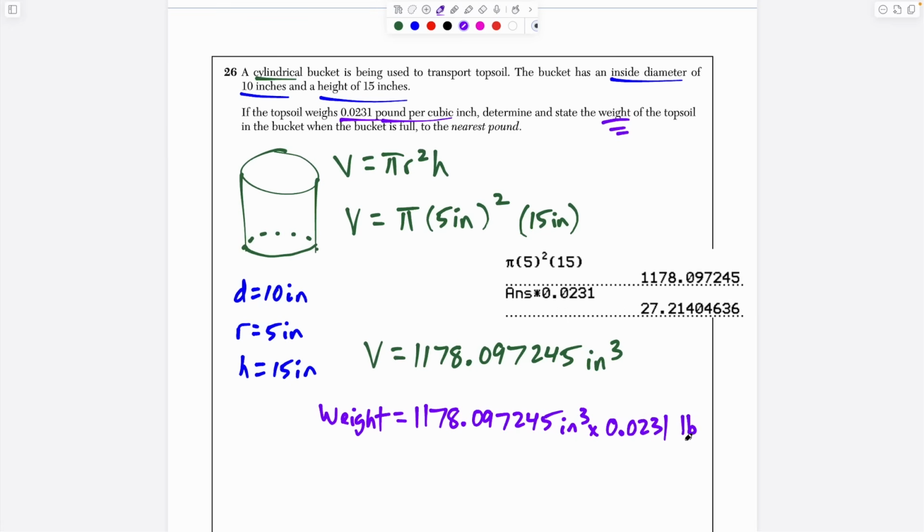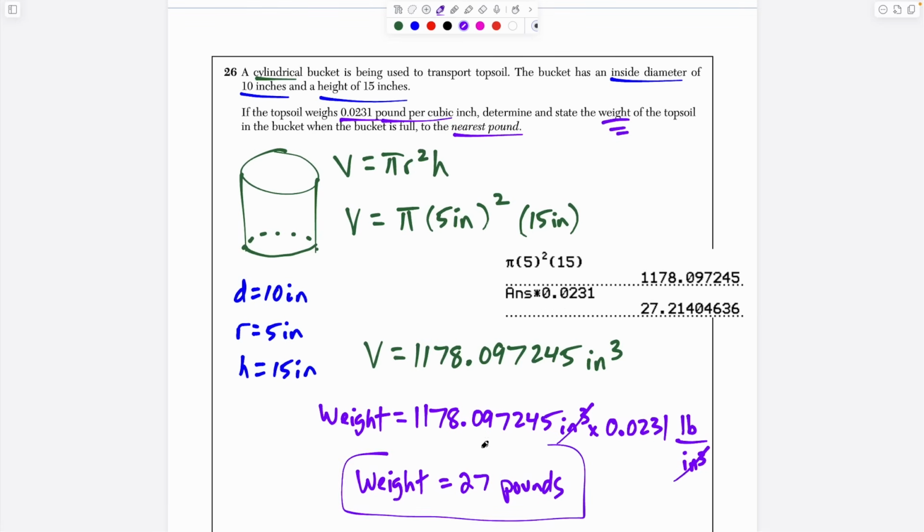Okay, so pounds per cubic inch, and then you see how the units cubic inches over cubic inches cancels out, and this tells us that the weight, if we round to the nearest pound, so to the nearest whole number, we're going to get 27 pounds. Okay, so I'll just say 27 pounds like this. If you want to write the actual word out, you can too. You could say 27 pounds, or you don't even have to write the units at all, but this would be an acceptable way to show our answer.